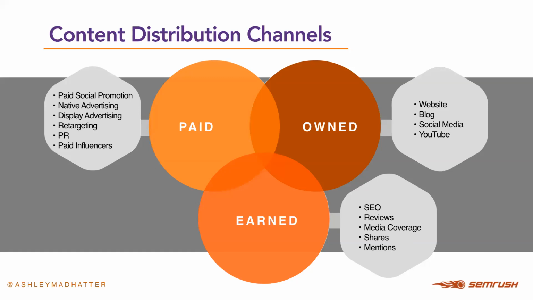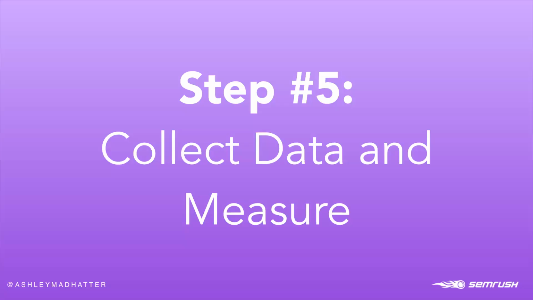This is your SEO, your ranking, the reviews that you're getting, any media coverage, any shares or brand mentions. And owned is where the content should live. This is on all of your properties: your website, your blog, your social media channels, YouTube as well. This is where your content needs to have its home base, essentially.